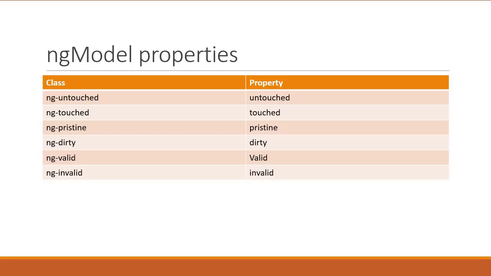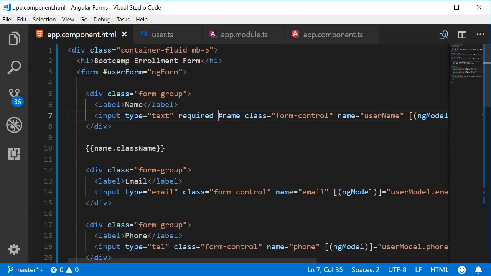So let's quickly take a look at these properties in our enrollment form. Now the question is, how do we get access to the ngModel properties? The answer is by simply creating a reference to the ngModel directive. Right now, the name template reference variable points to the input element in the DOM.